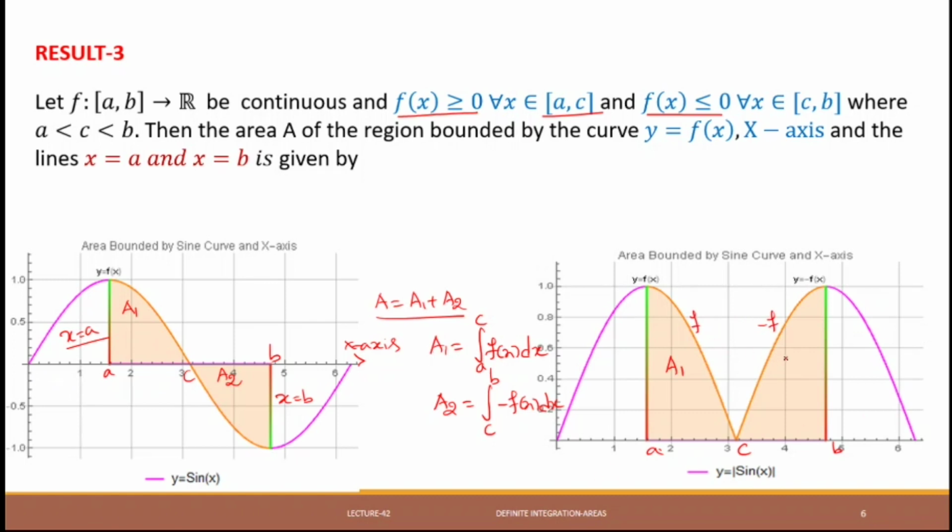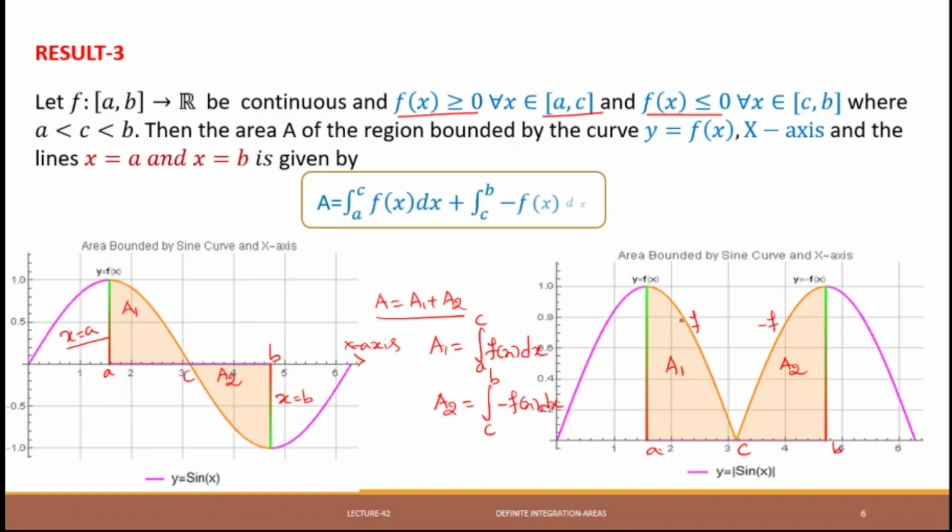This is the area A2. So the total area A is given by the integral from a to c of f(x) dx plus the integral from c to b of minus f(x) dx. Hope you have understood this result mathematically as well as graphically.